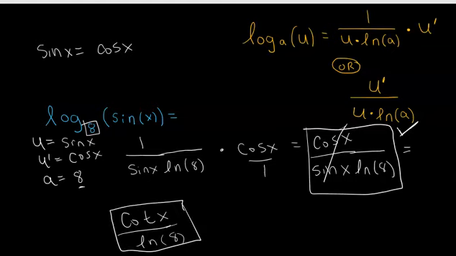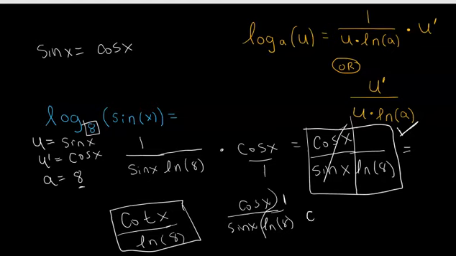Why did I put ln 8 in the bottom and not the top? Well, when you pull out these fractions, when it's cosine x and then sine x ln 8, these two end up together, and there's an invisible little 1 here. That's why ln 8 is at the bottom and cot is at the top.